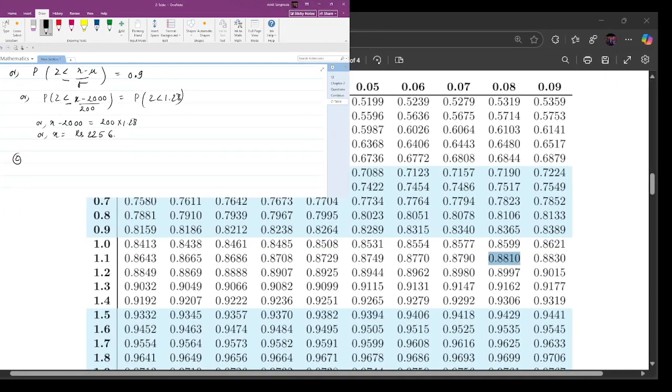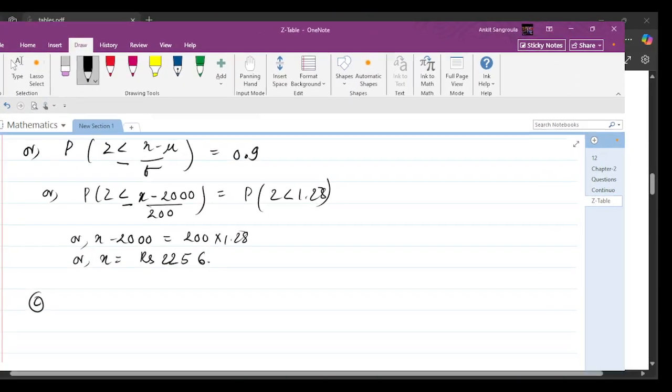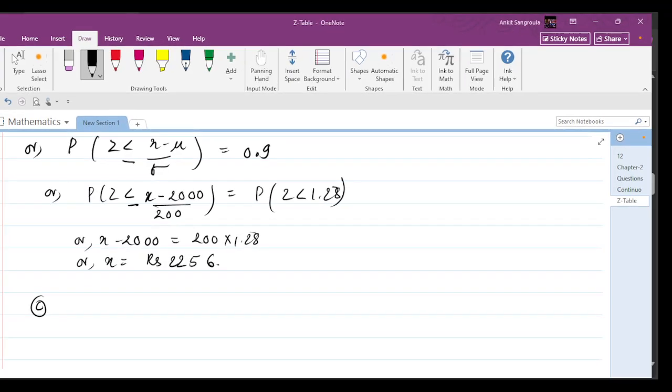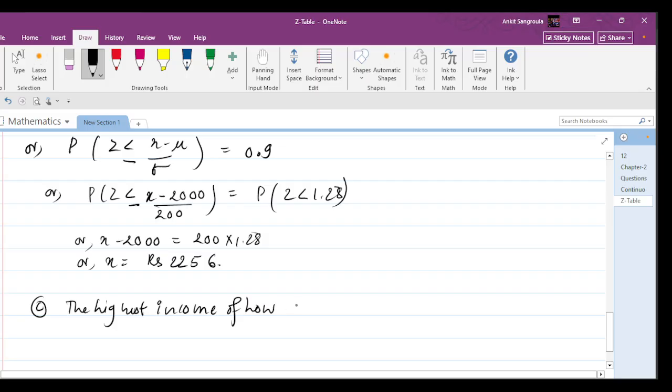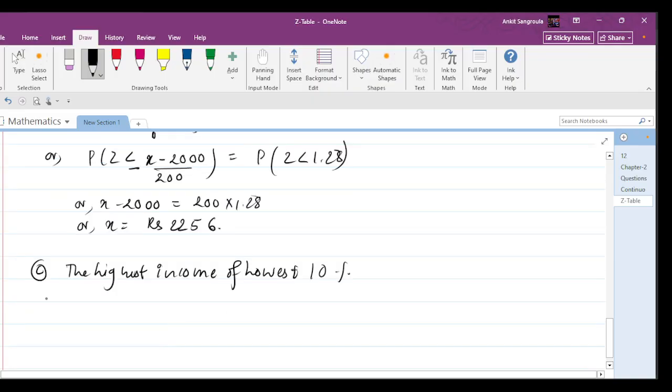Now the question has also asked us to find the highest income of the lowest 10%. In order to do that, we write P(Z is less than or equal to (x minus 2000) by 200).